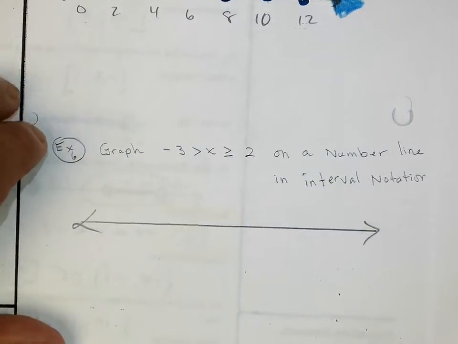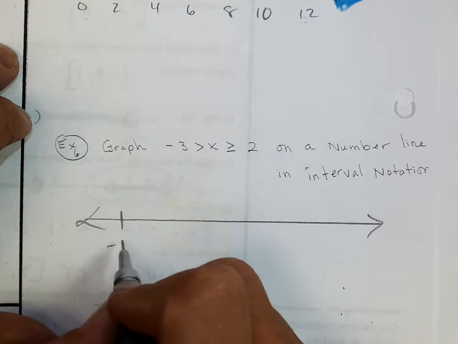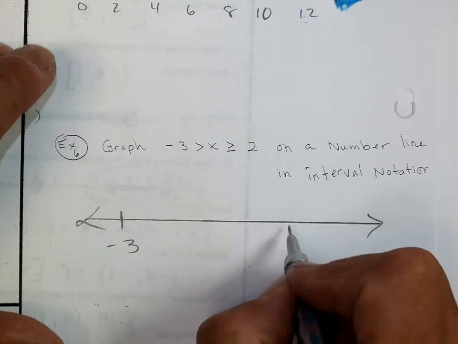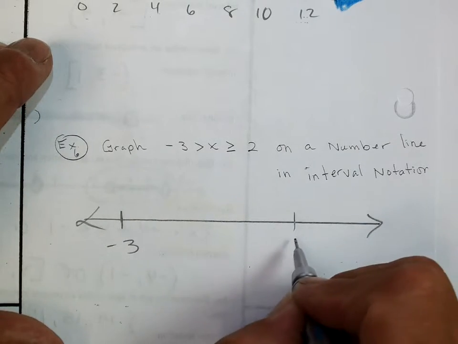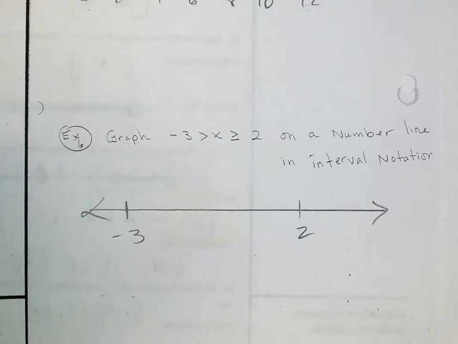Do my number line. I'm going to have negative 3 on there, okay, so I'm going to put my negative 3. And I'm going to have my 2, okay. I'm going to do at least a couple of things that's going to help me out. I'm going to put an open circle here.